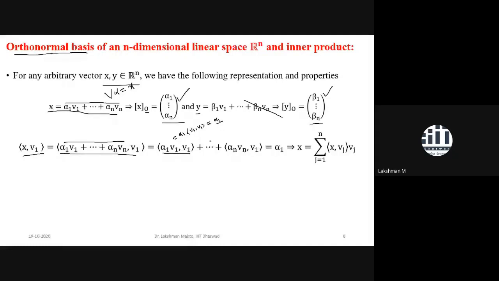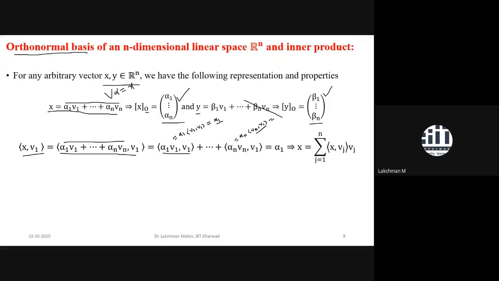Similarly, for the nth term, you take out alpha n and consider the inner product of vn with v1. Here you know that vn is different from v1. The dot product of any two different basis vectors of an orthonormal basis is 0.